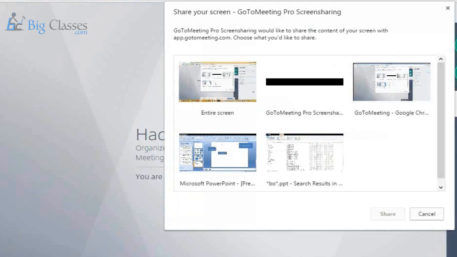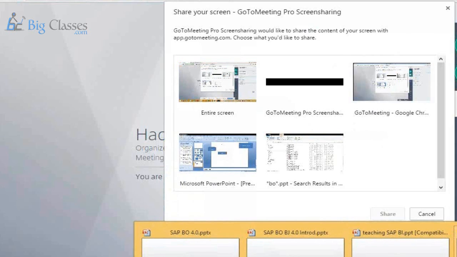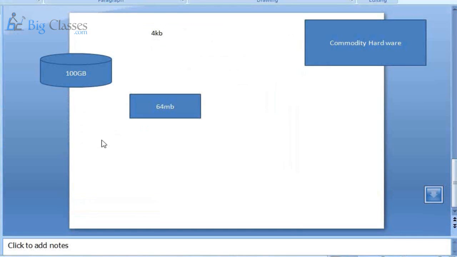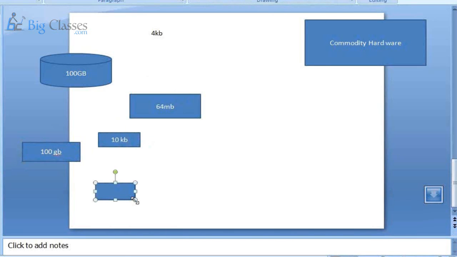This is Murli. Okay. See, the smaller the block size, let me tell you with the help of an example that will help clarify. Suppose you have a 100 GB file, and you want to split that file into blocks of 10 KB, as well as into blocks of 64 MB.